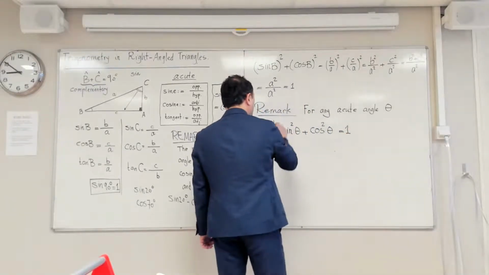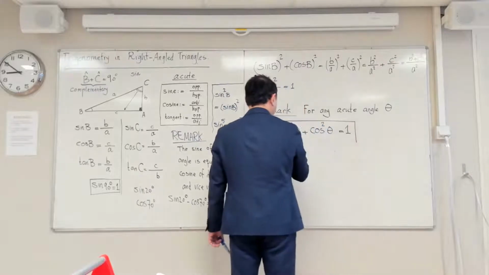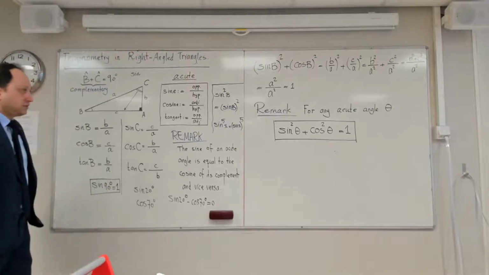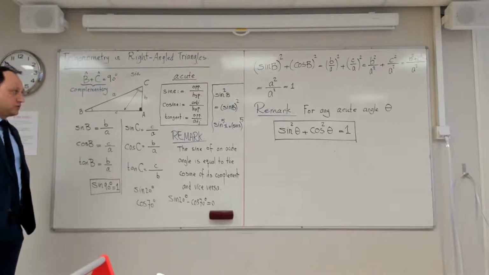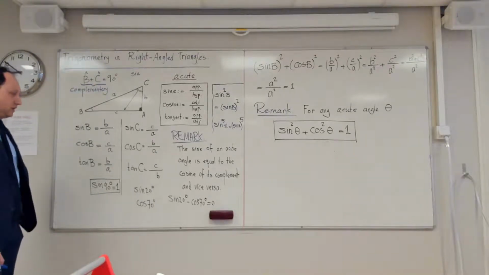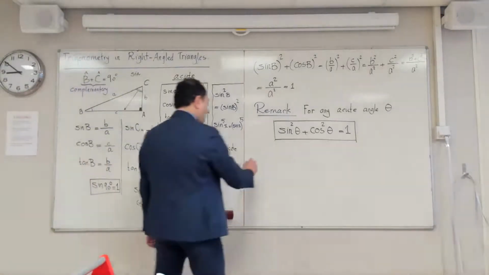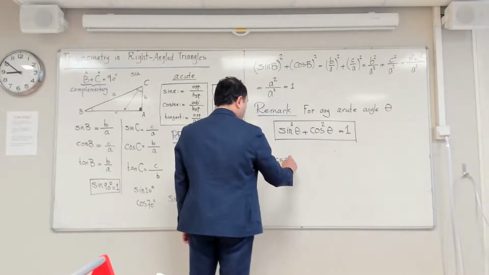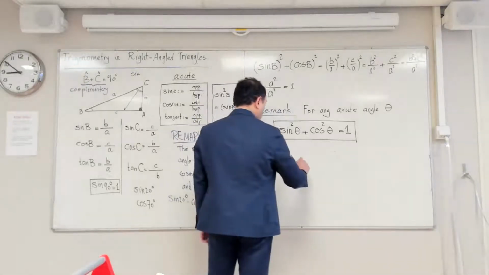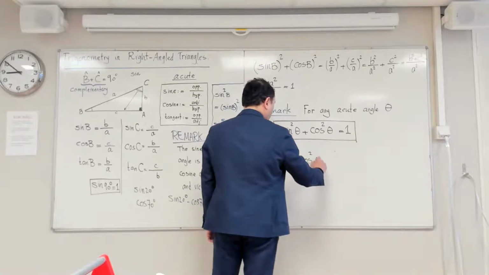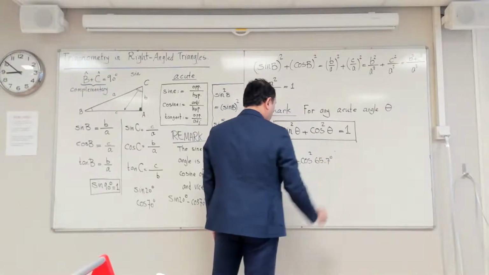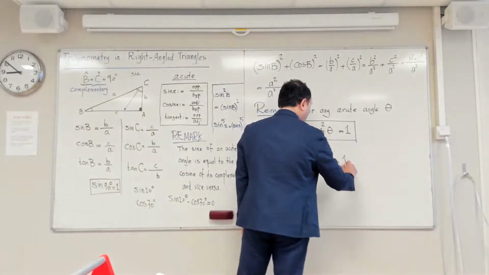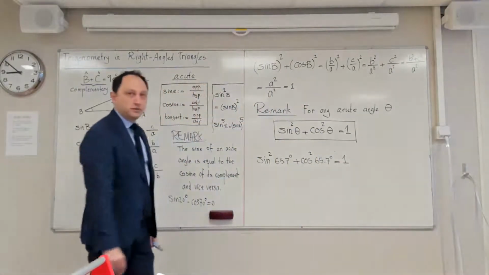It's a very, very important fundamental rule, a theorem actually, in trigonometry. Sine squared of any angle plus cosine squared of the same angle becomes 1. So for example, if I ask you what is sine squared of 65.7 degrees plus cosine squared of the same angle, even if I don't know anything about these numbers, I know the exact value for this, and the exact value is equal to 1.